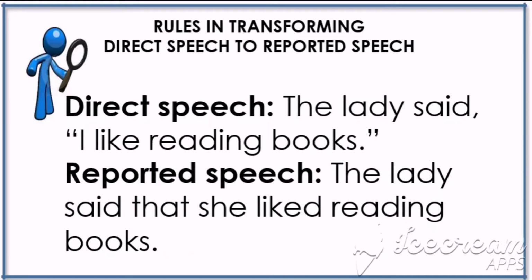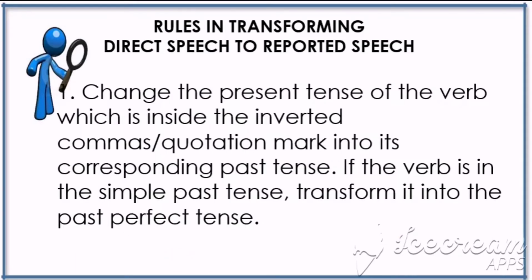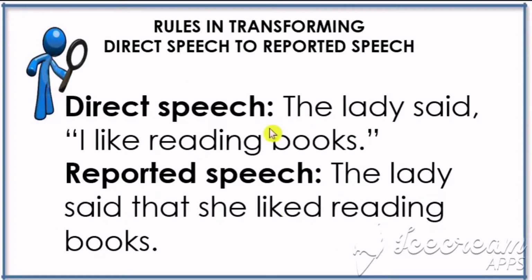So rule number 1, change the present tense of the verb which is inside the quotation mark into its corresponding past tense. If the verb is in past tense, now, the verb here in the direct speech is in past tense. So the verb here is said, which is in past tense.